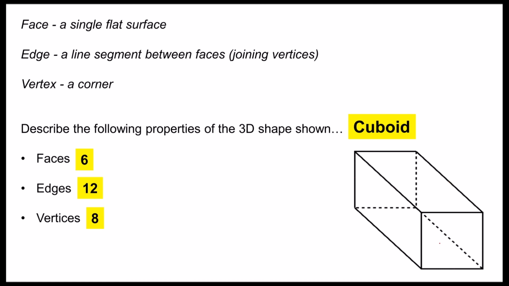Lastly, I have 8 vertices. They are the corners of my shape. So I have 1, 2, 3, 4, 5, 6, 7, 8 vertices in total.